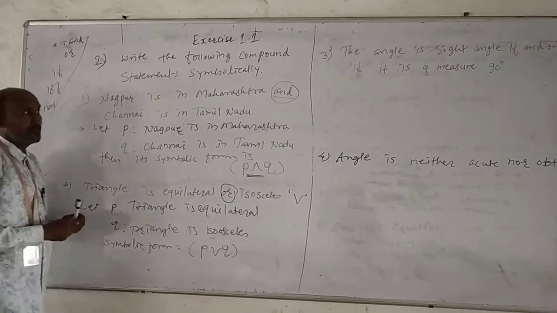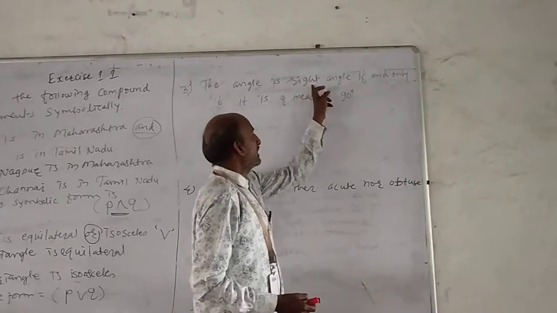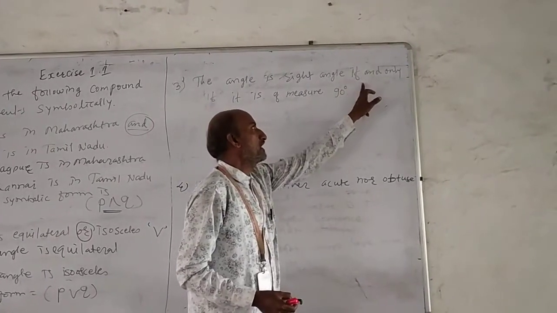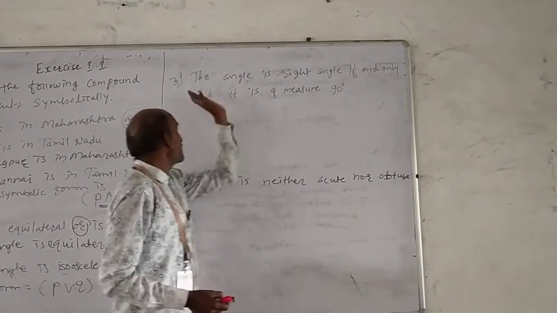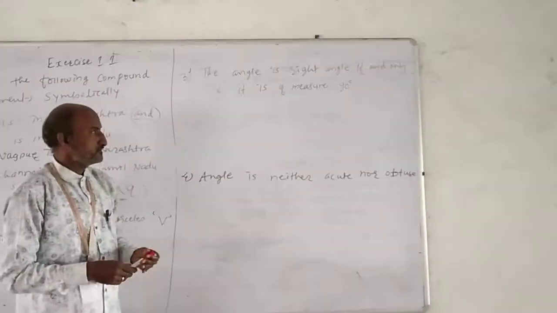Ready? Next one is the question: the angle is a right angle if and only if it is of measure 90 degrees.